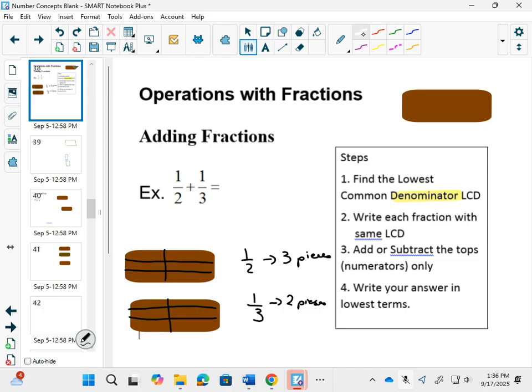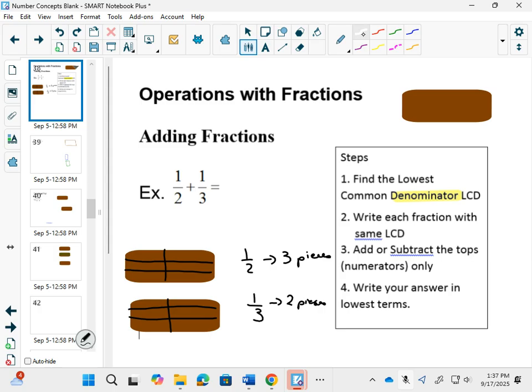Okay? This is what we're doing when we're doing fraction adding. What we're trying to do is figure out, when I just had the half piece and the third piece, they looked really awkward to add together because they were different sizes. If my pieces are all the same size, then I can add them up and life gets a lot easier.